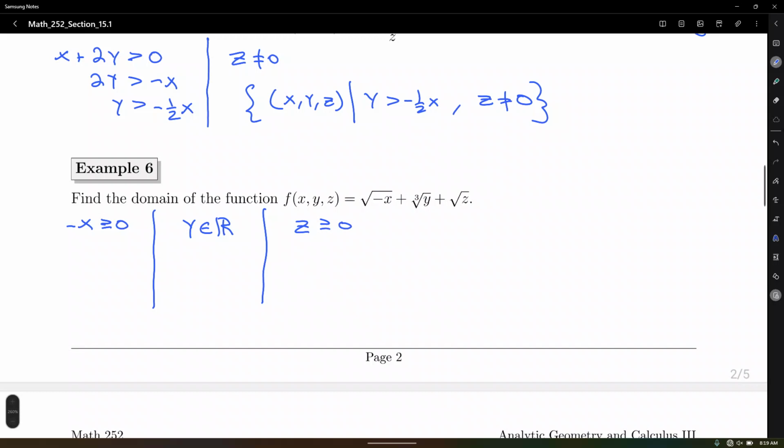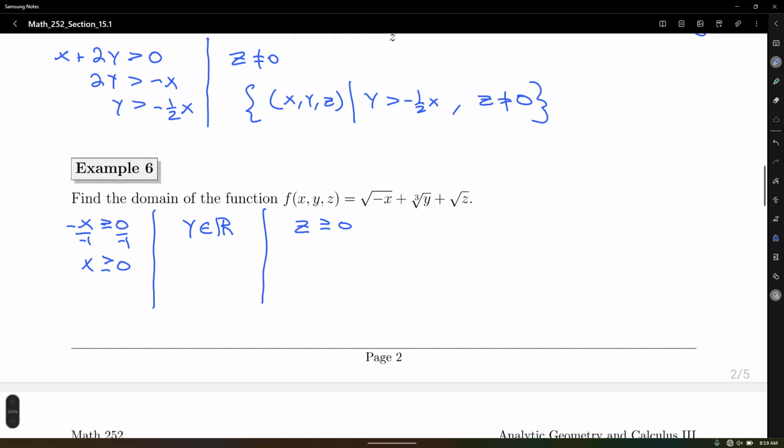Well, actually, we need to solve the inequality negative x greater than or equal to 0. I know it's just 0, but still you want to isolate the x by dividing both sides by negative 1. All right, x greater than or equal to 0. Do you guys agree with this result?